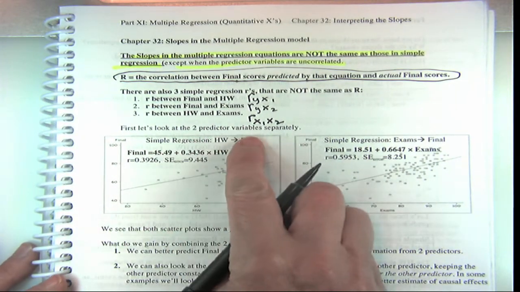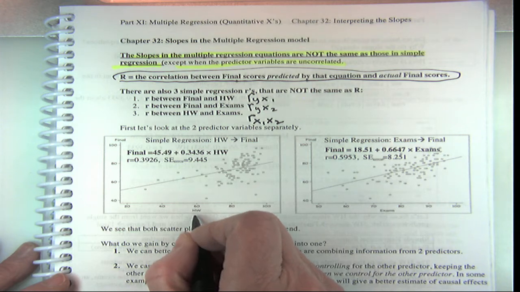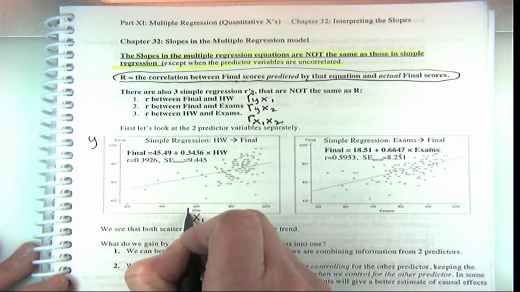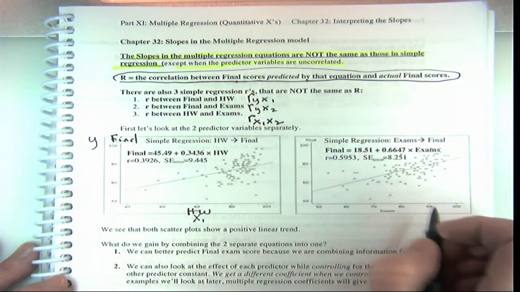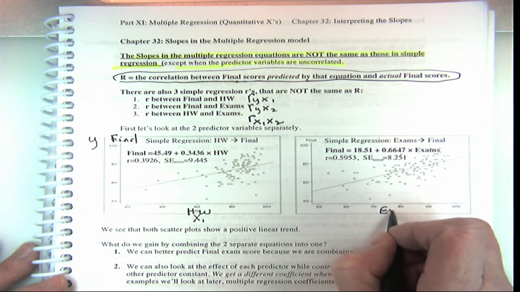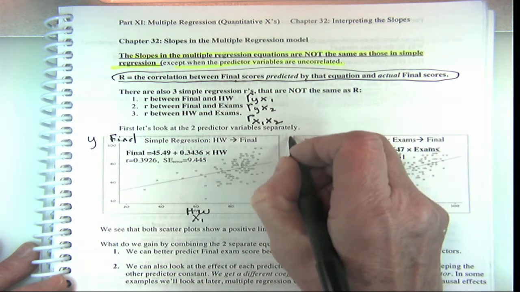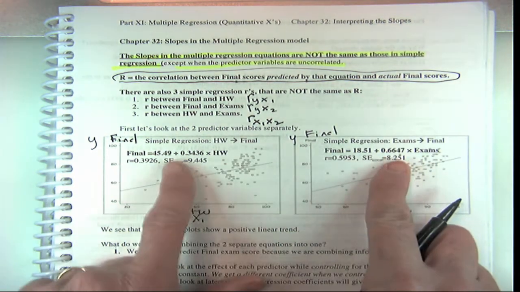So let's look at the two predictor variables separately. This is X1, homework, predicting Y, final. This is homework, predicting final. And this right here, exams are X2, predicting Y, the final. All right, and you get two different equations.